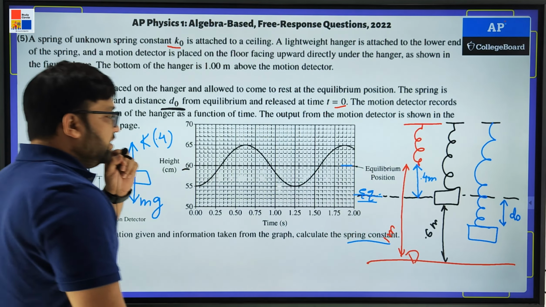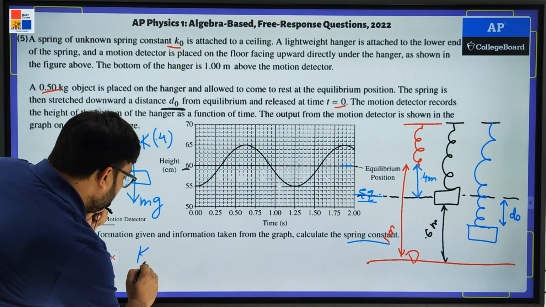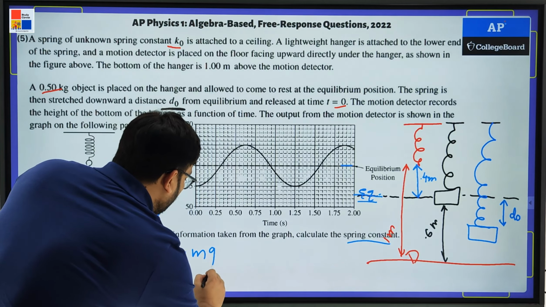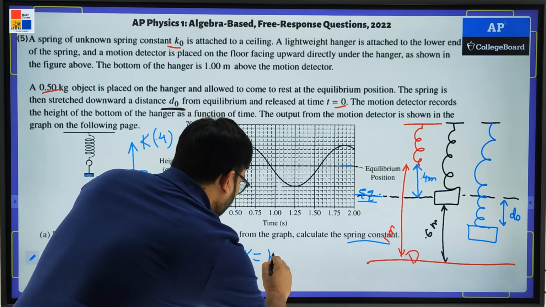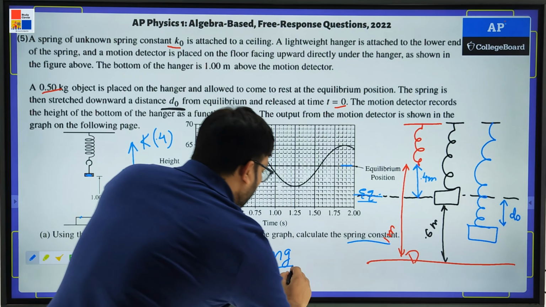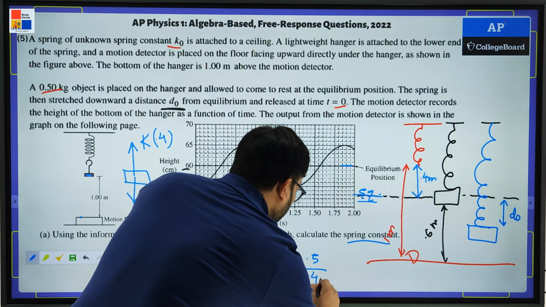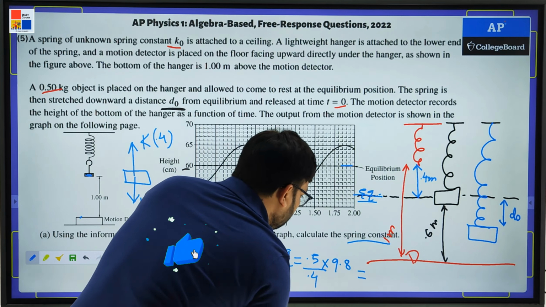These two forces are equal and balance each other out, so we can find the value of K. K is equal to mg upon 0.4. M is given to be 0.5. So this is 9.8 times this.